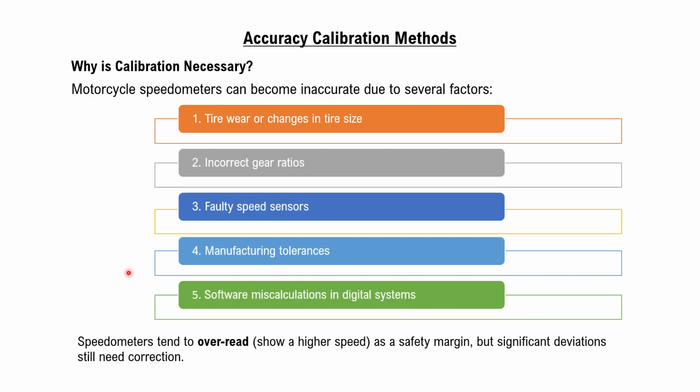Number four, manufacturing tolerances. And number five, software miscalculations in digital systems. Speedometers tend to overread, that is, show a higher speed as a safety margin. But significant deviations still need correction.